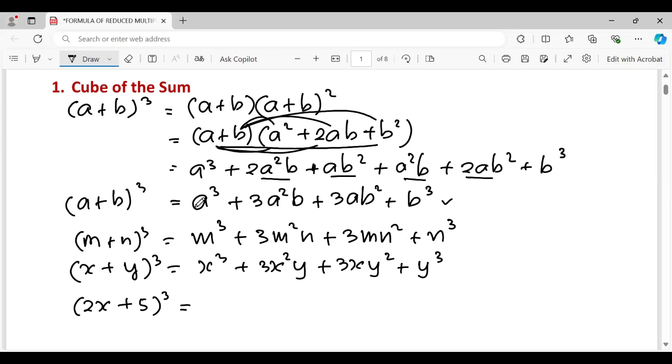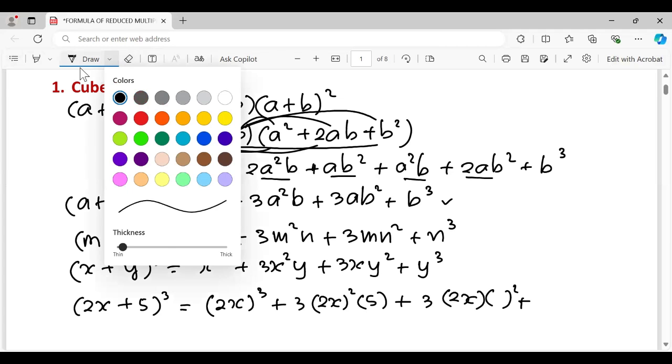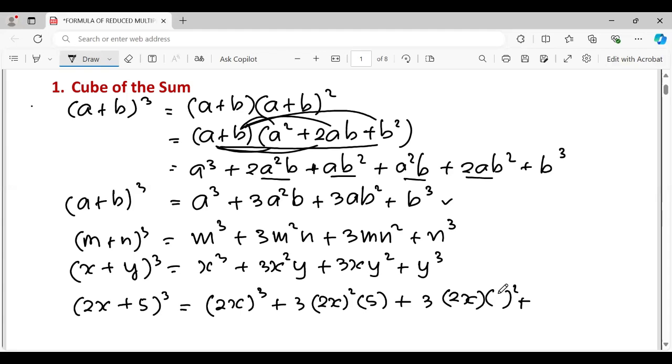Based on this conclusion, the expansion from this expression, we can write it like this: 2x cubed plus 3 multiplied by 2x squared multiplied by 5 plus 3 multiplied by 2x multiplied by 5 squared, oh sorry, not b but 5, plus 5 cubed.